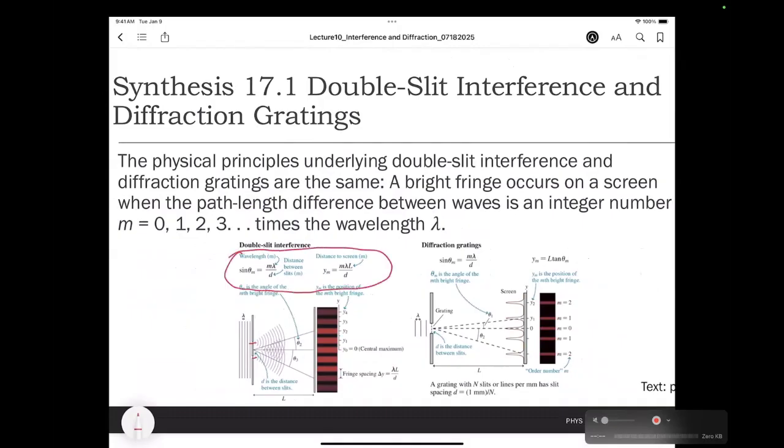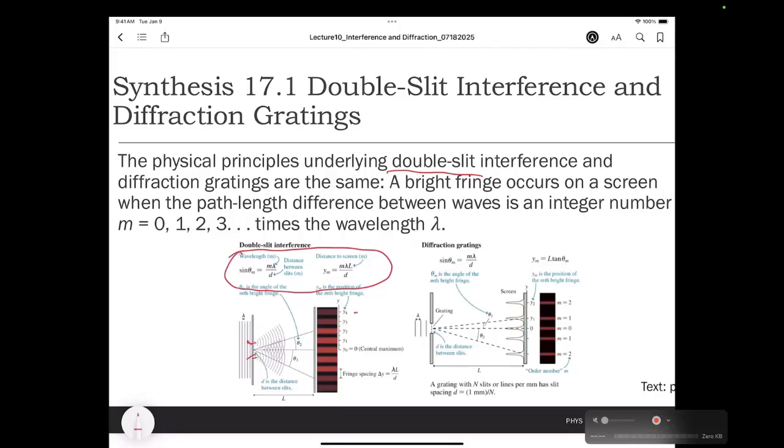If there are two different slits, we call it double slits, and there is a phenomenon we call double slit interference.